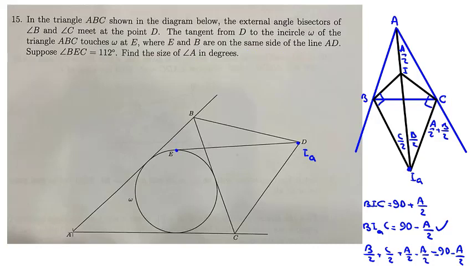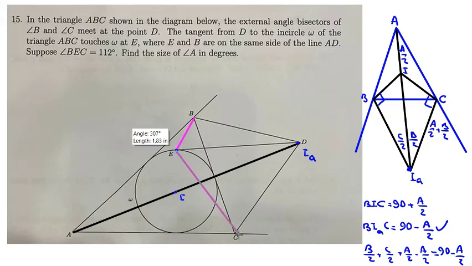If we draw this line, it is exactly AIA here. It passes also through I. So let me consider this is I, and it does not necessarily pass through this point. And it says BEC is 112, then what is angle A?